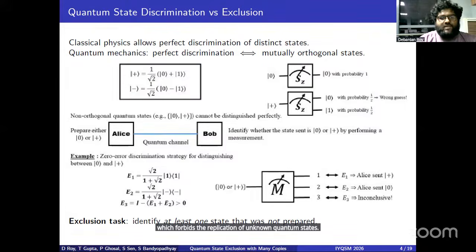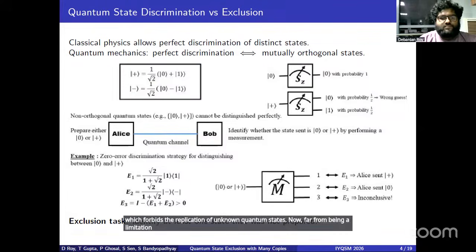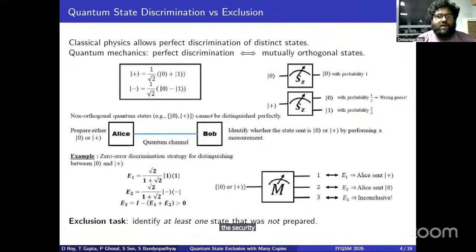Far from being a limitation, this actually serves as a resource because it ensures the security of the quantum cryptographic protocols by making eavesdropping intrinsically detectable.